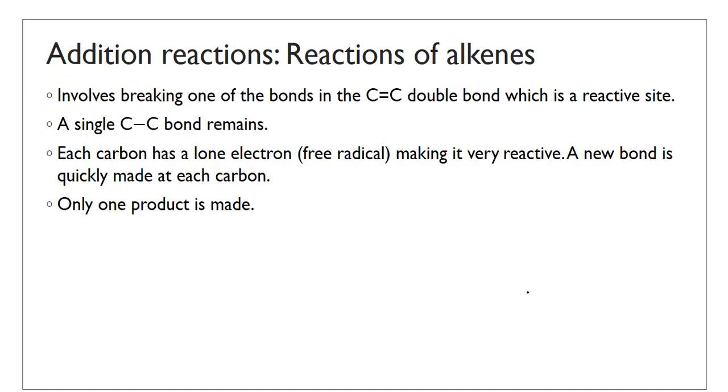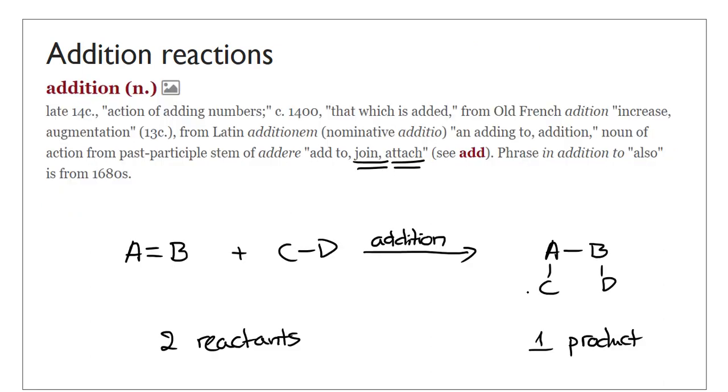All right, so addition reactions, if you look back at my generic example here, in order for you to be able to add extra atoms or group of atoms into an organic molecule, that original molecule has to be unsaturated. So it needs to have potential, if you will, to have more things added to it.